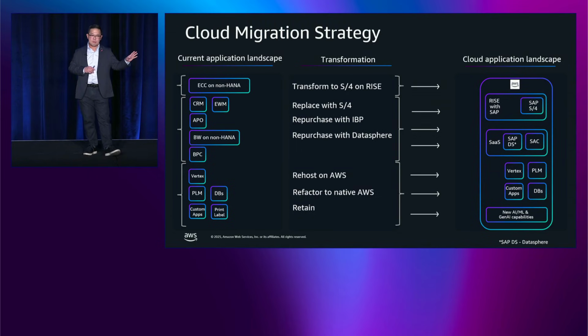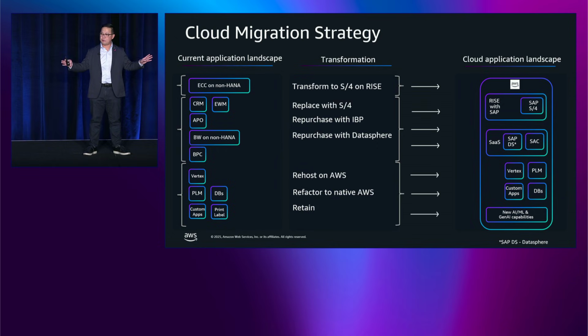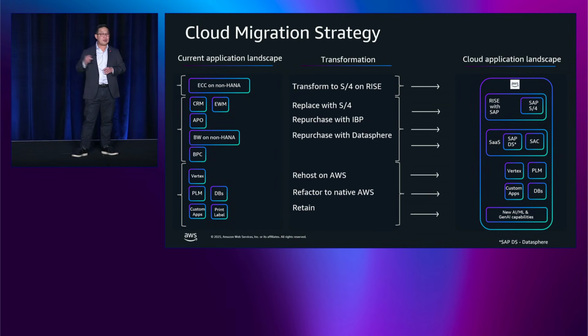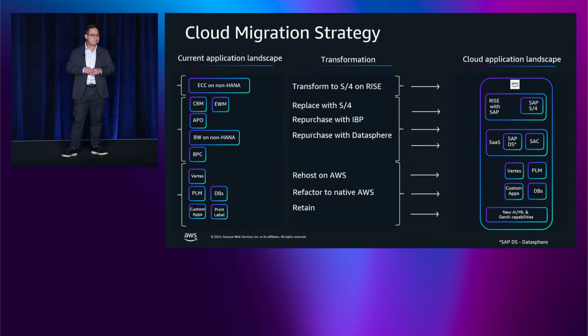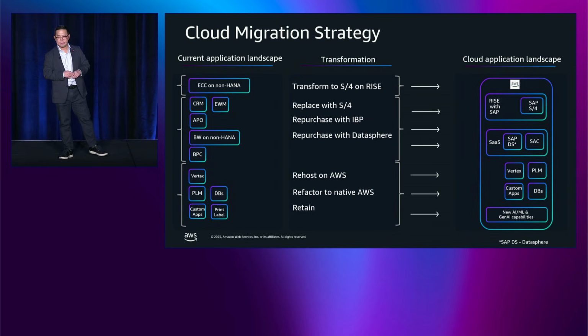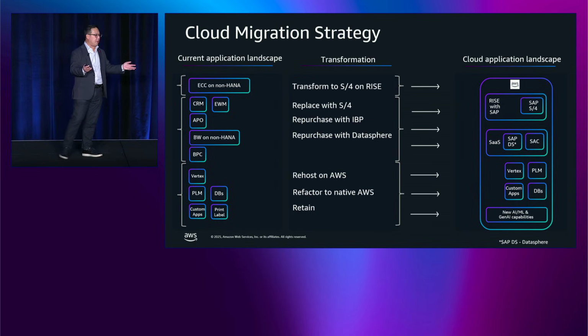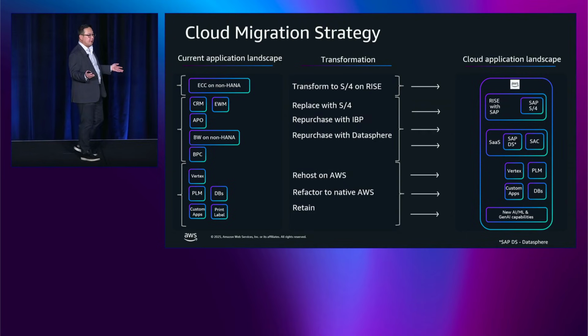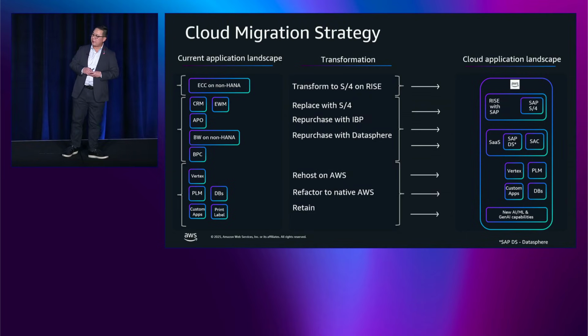Your on-prem SAP ECC environment, you need to transform to Rise. Your CRM, your EWM components, those need to be replaced with S4. Your BW or non-HANA, those you need to repurchase with DataSphere. So within your environment, you might have Vertex, PLM.